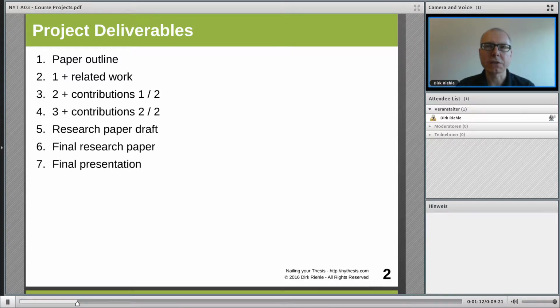You will do this in several stages, so first, second stage, and then the research paper draft. And even for the final research paper, you may be going over your contributions and refining your analysis of whatever you're analyzing again. But as the sixth step, on the sixth phase, after several weeks to the end of the semester, lecture time, you will submit your paper, and then the final week of lecture time, you will actually present the results in a 10-minute presentation in class.